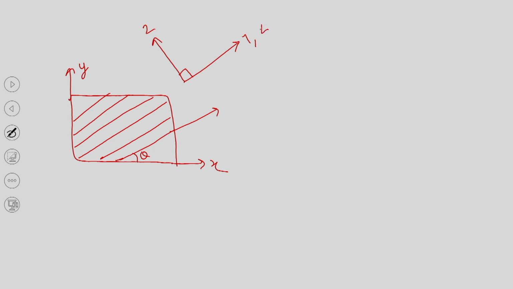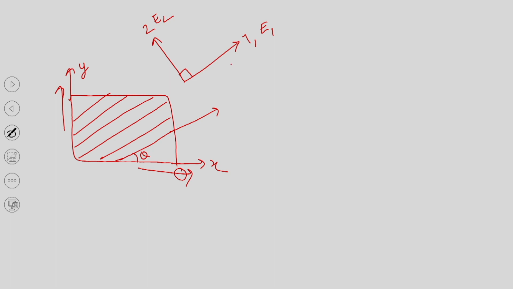So, if we know E1, E2 and other properties, stresses, but we are interested to find out properties along the x axis and along the y axis, then we have to use the concept of transformation.